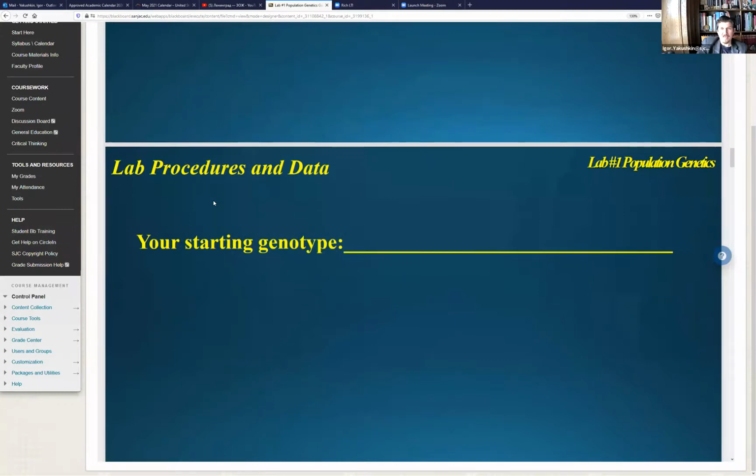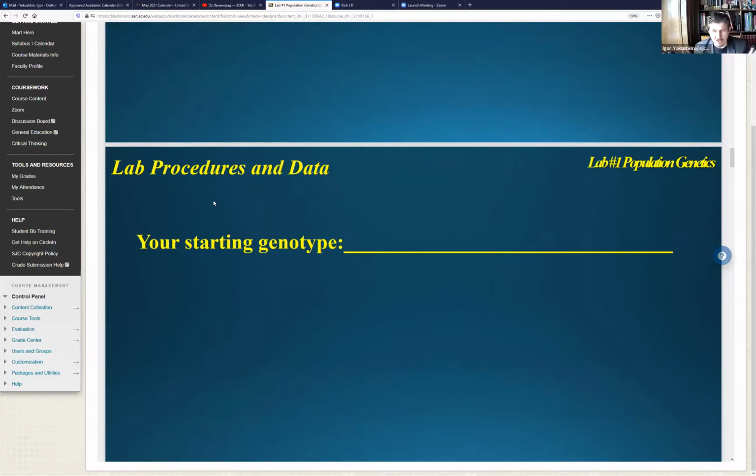So in the actual face-to-face lab, I will give you 2 cards randomly, one of them will say capital F, another will say lowercase f. I don't know which one. I will shuffle them and give you a random card. So whatever your starting genotype is, it doesn't really matter.